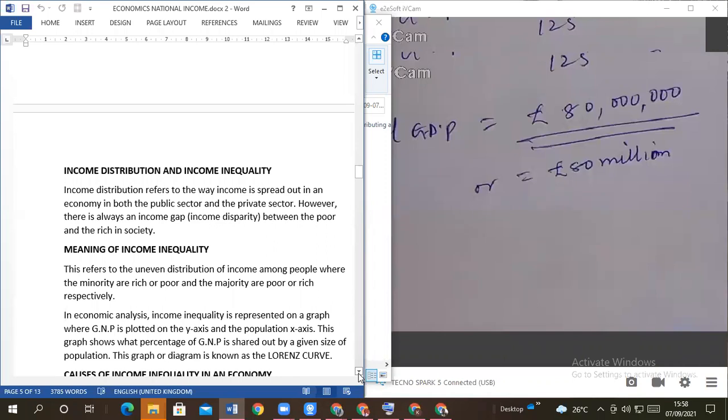Then we have seen why it is necessary to compute price indices. That we have discussed as well. We said that we need to be careful when you're explaining that as well. And we have seen how to adjust nominal national income to real national income. So that is it. You should be able to answer any question that comes around that area.